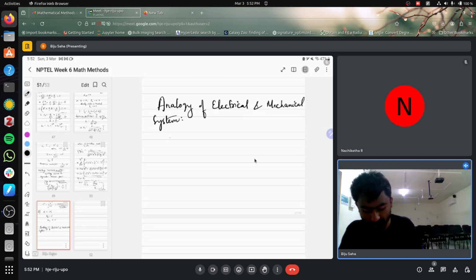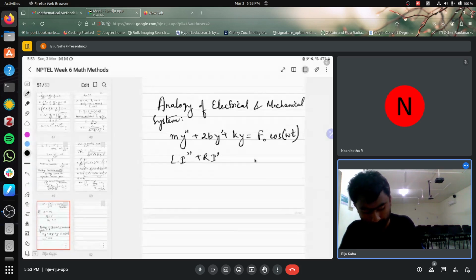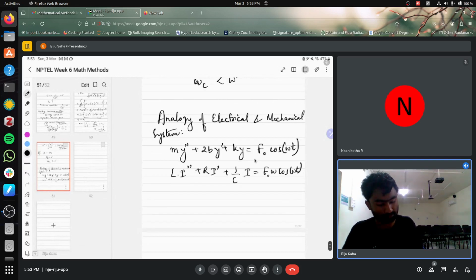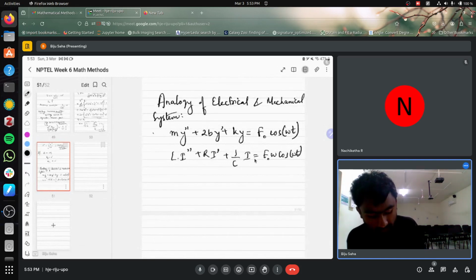So both systems have a differential equation of this form. So this was corresponding to... So these were the two differential equations for two different systems, but the format is almost the same.